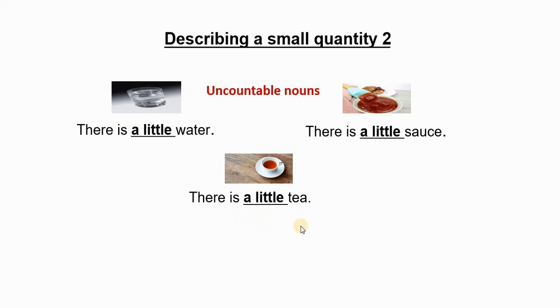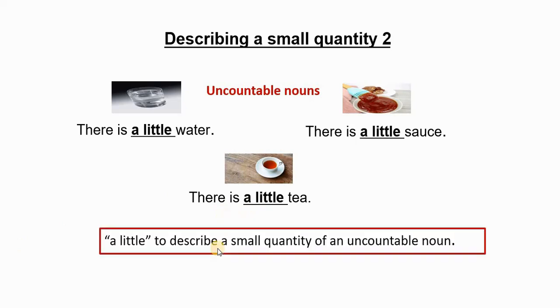Tea is an uncountable noun, and the verb stays in the singular form. There is. So the rule is, we only use a little to describe a small quantity of an uncountable noun.